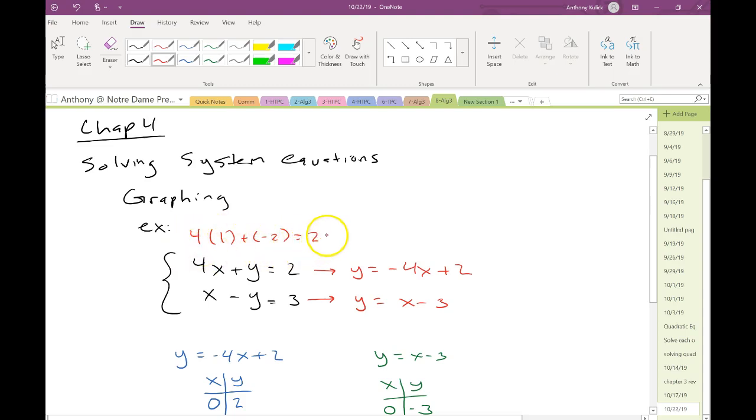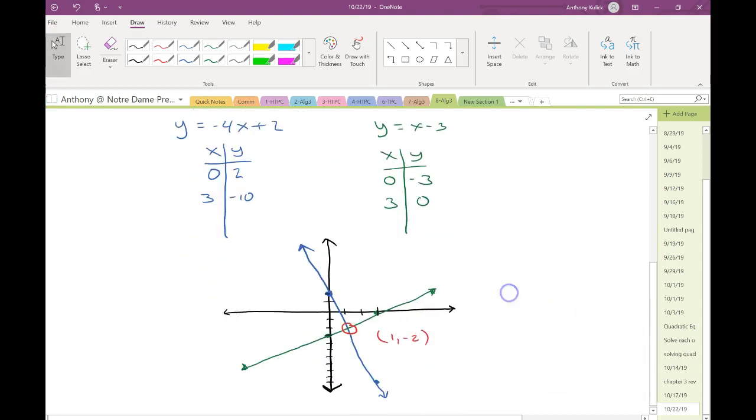So 4 plus -2 is 2. 1 minus a -2, that is 3. So I am convinced this guy is my solution. Well, I would probably go back and look to see if I made a mistake graphing, or see if I just made a crummy estimate.